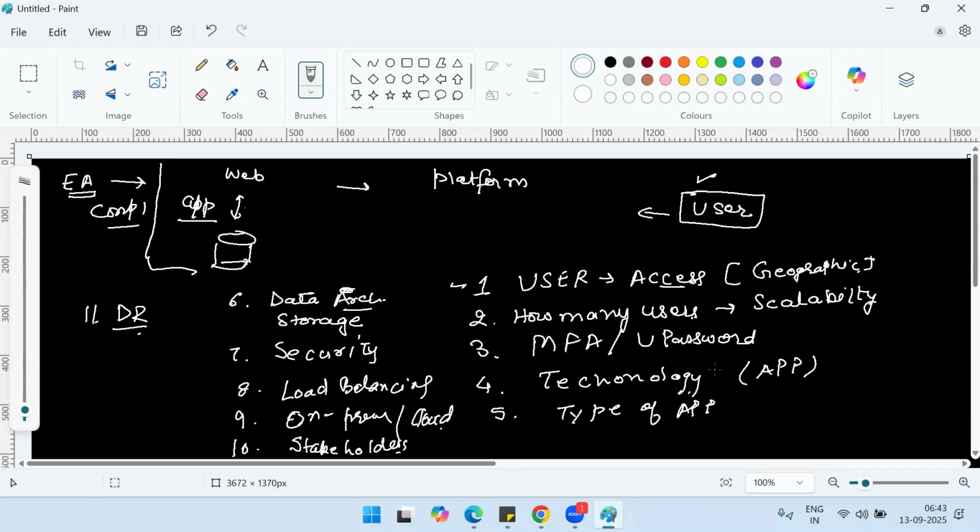So we will start with, first of all, how the company will realize that it needs an enterprise architect. Then they will give you this project.